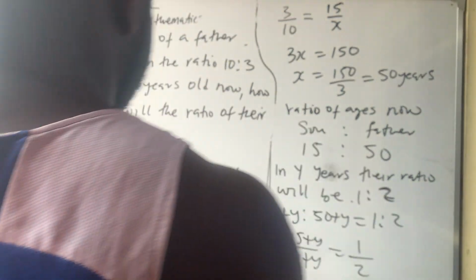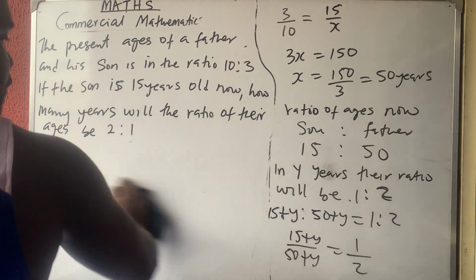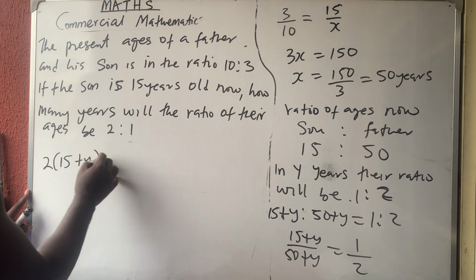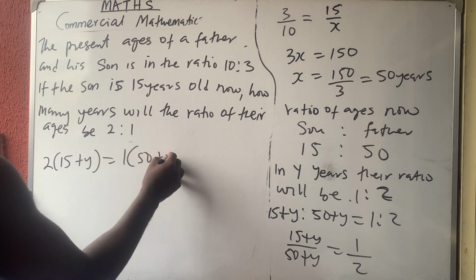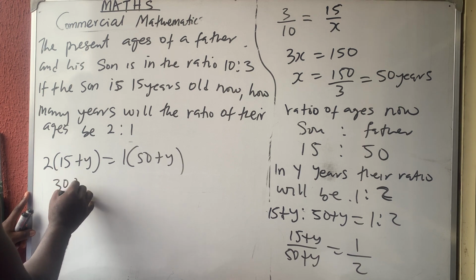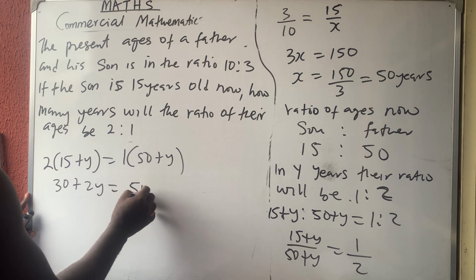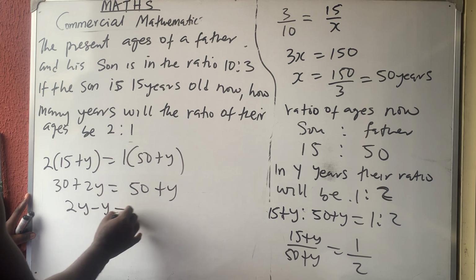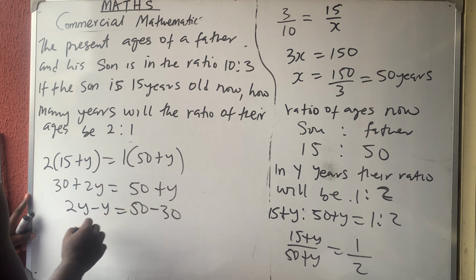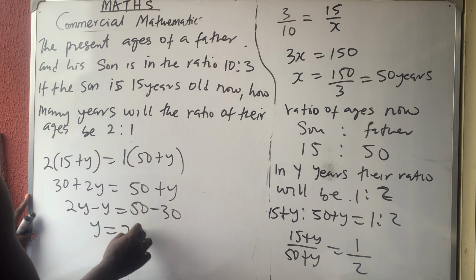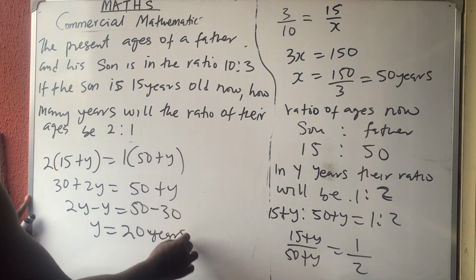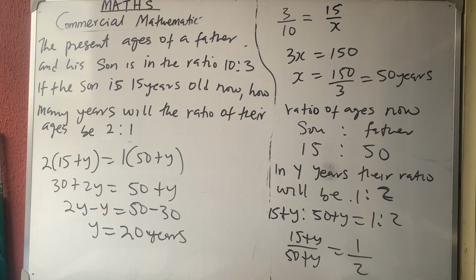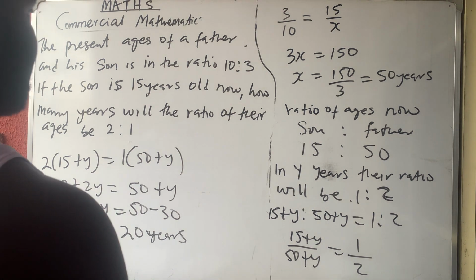So cross multiply. If you cross multiply, you are going to have 2 in bracket of 15 plus y is equal to 1 in bracket of 50 plus y. So this time this 30 plus 2y is equal to 50 plus y. So this one coming here, 2y minus y is equal to 50 minus 30. So y is now what? 20 years. So in 20 years, the ratio of their ages will be 1:2.